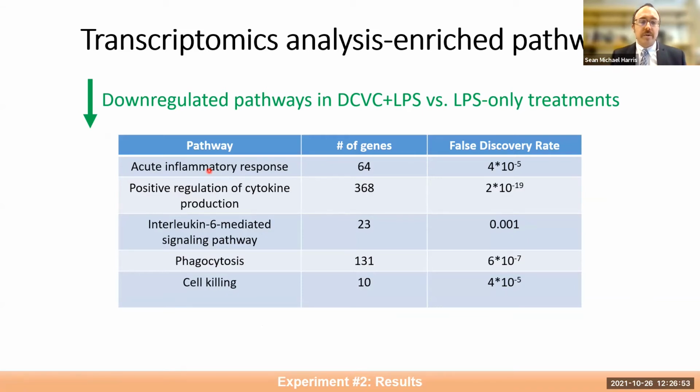So we looked at genes that were downregulated in the DCVC treated group and looked at pathways that were enriched amongst the genes that were downregulated, and saw, as we had hypothesized, pathways related to inflammatory response, cytokine production, cytokine signaling were all impacted by DCVC compared to lipopolysaccharide treatment alone. So again, at the pathway level, we're seeing that DCVC is doing something to really downregulate genes involved in these inflammatory responses.